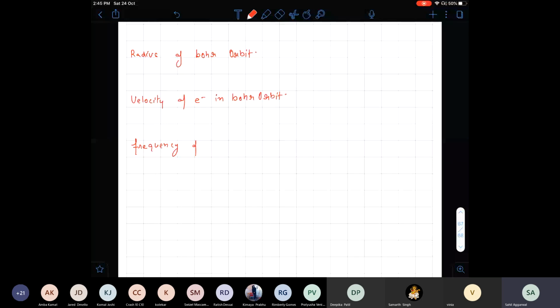Frequency of revolution of electron in Bohr orbit. Time period for electron revolution in Bohr orbit.